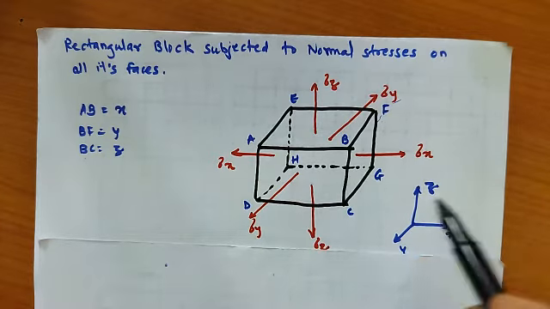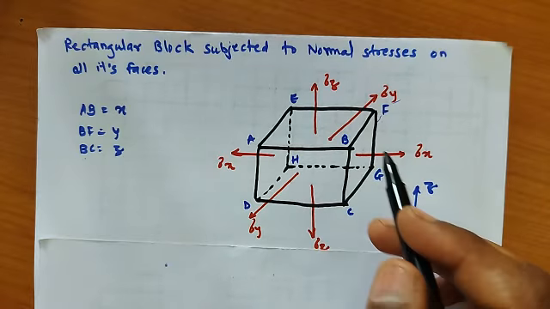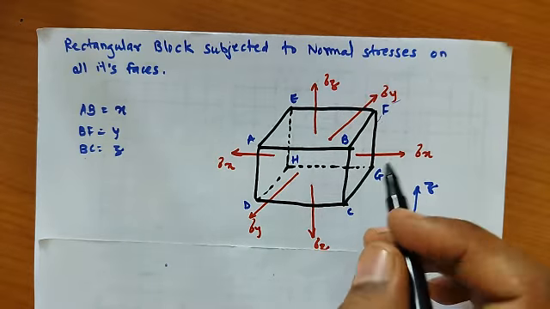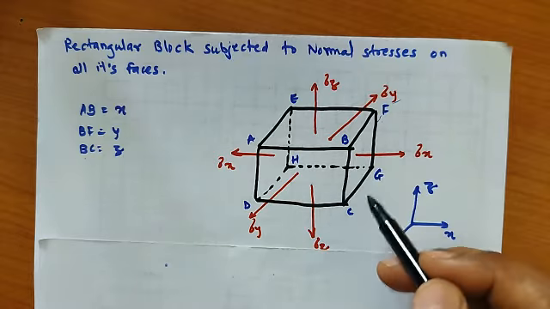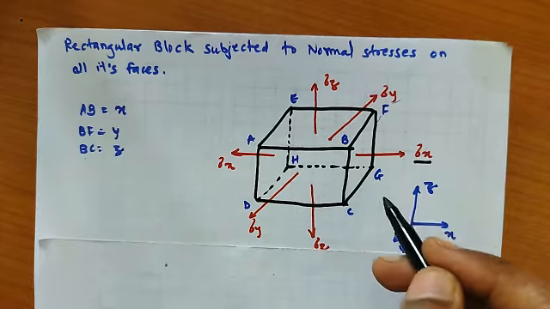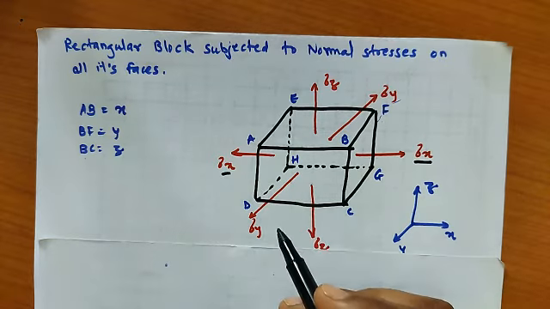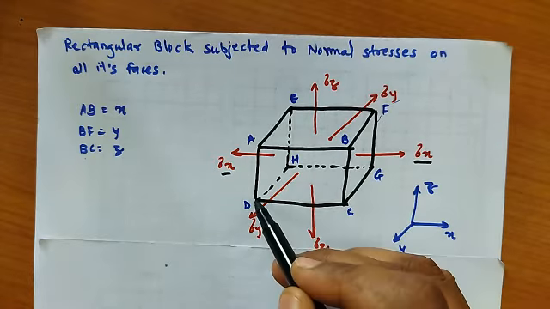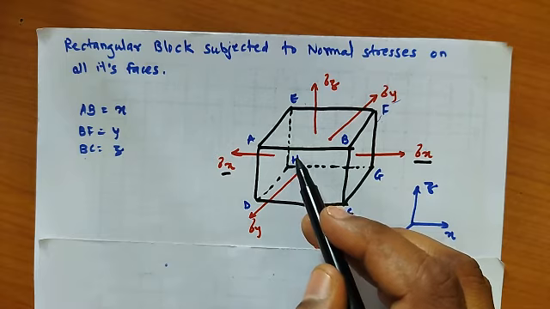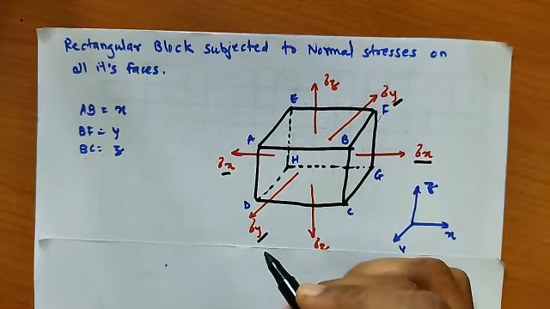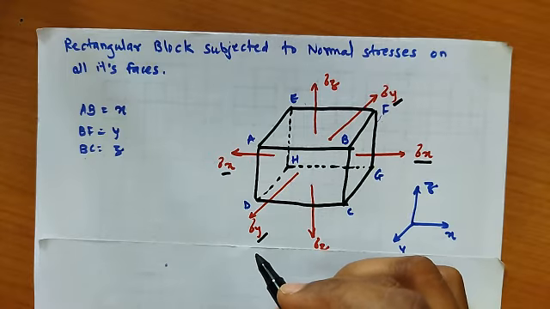Along these distances and directions, this rectangular block is subjected to stresses. In the x direction, the faces AEHD and BFGC are applied with tensile stress sigma x. The faces ABCD and EFGH are applied with tensile stress sigma y.